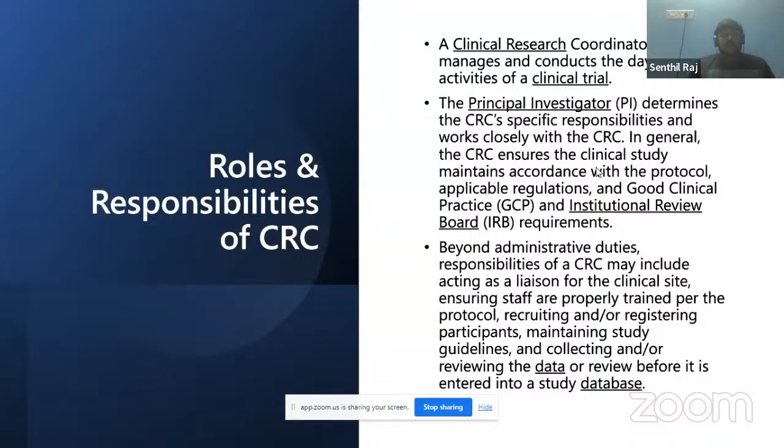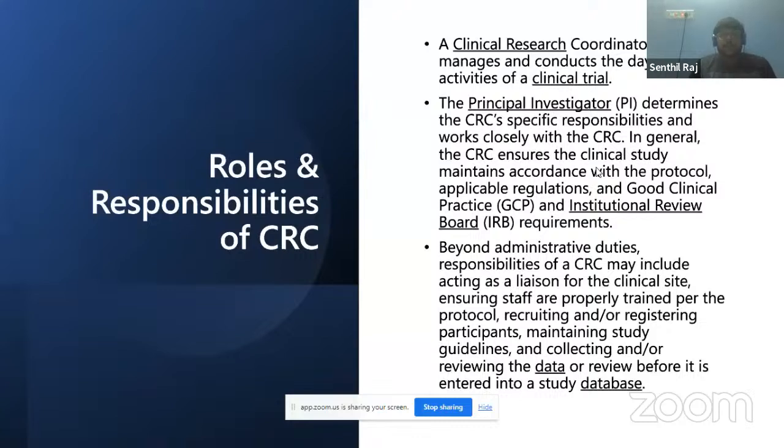So the day-to-day activity of a CRC is participating with the clinician during the consent process, where he observes how a clinical research study is being pitched to the participant or study patient.